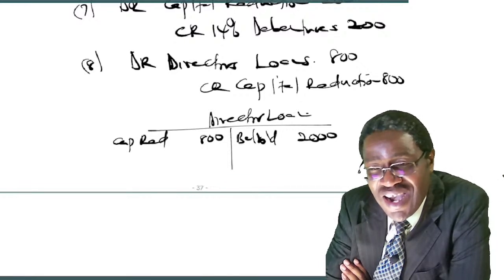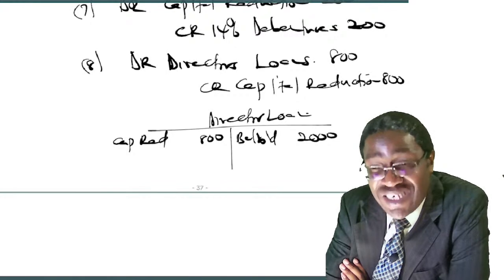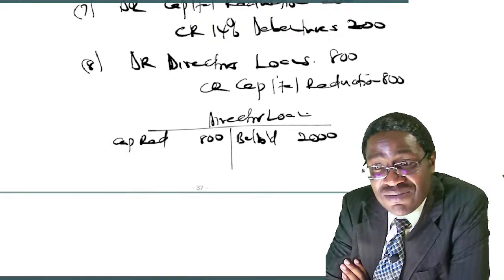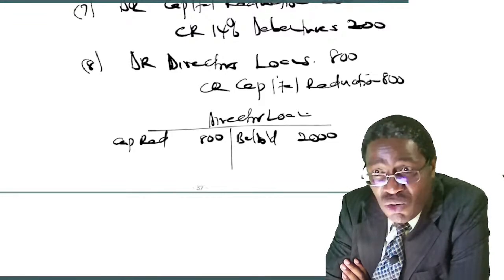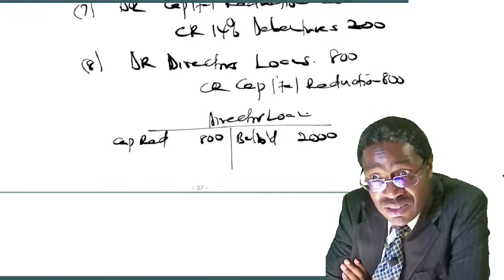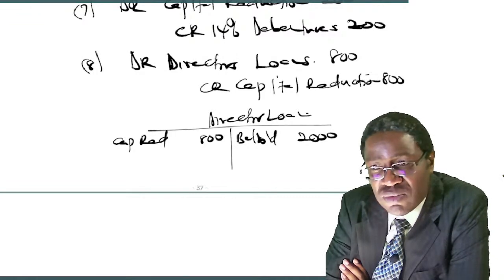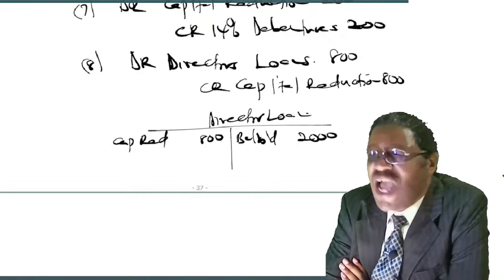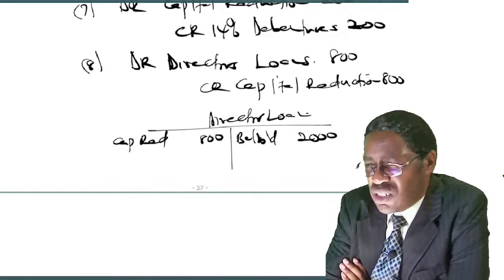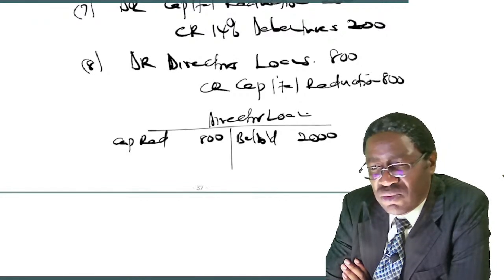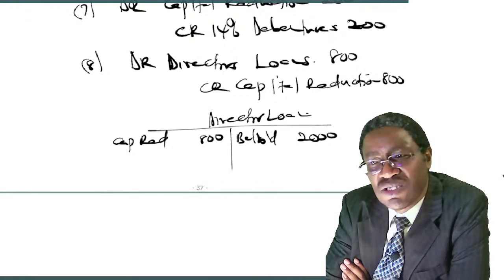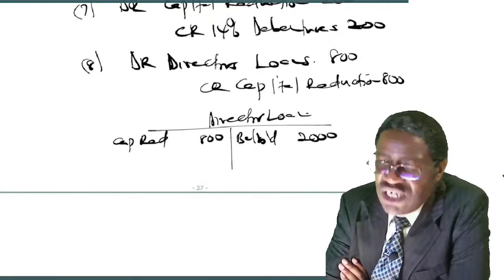Listen, I want you to get the point clear. We owed the directors 2 million. We asked them, what can you do for us? They said they are willing to write off 800. So we accepted and we told them thank you.